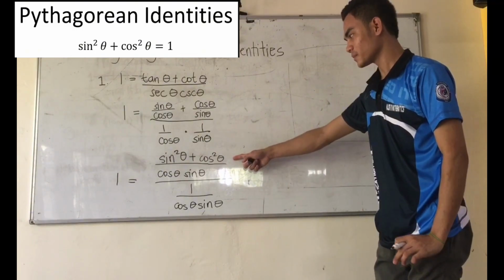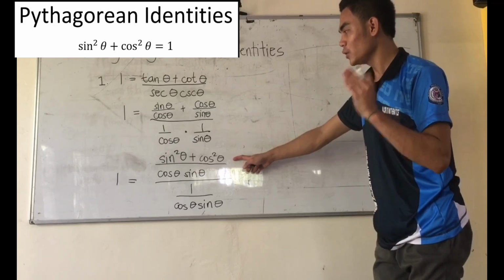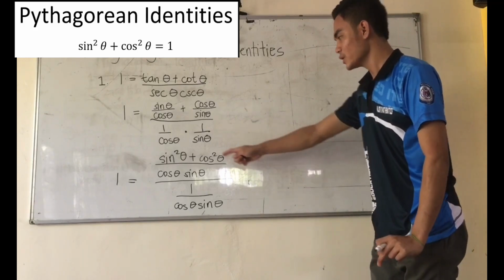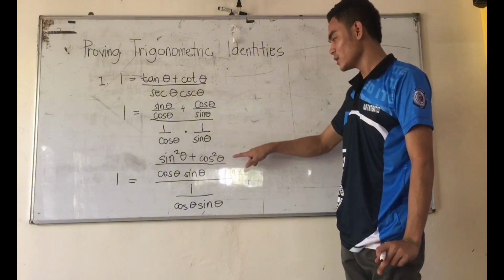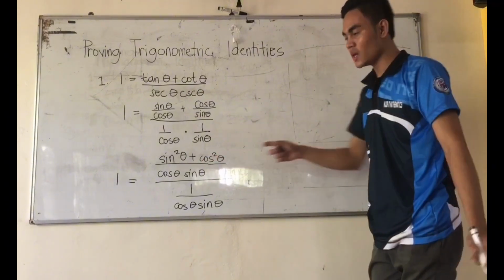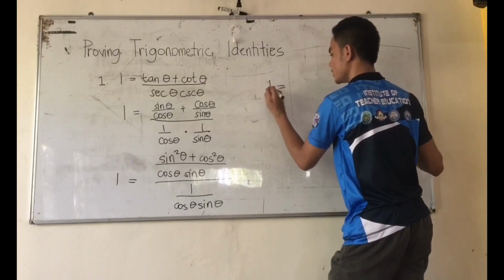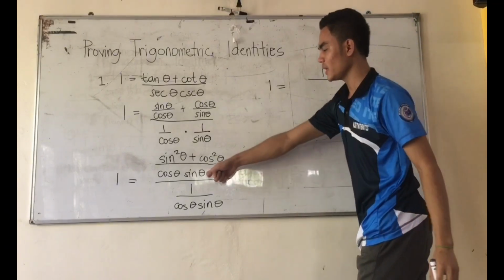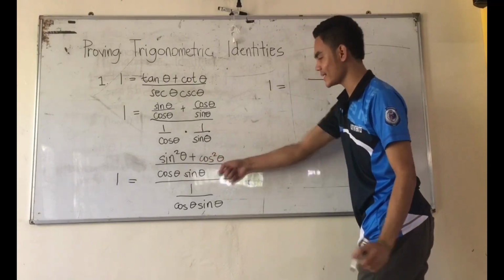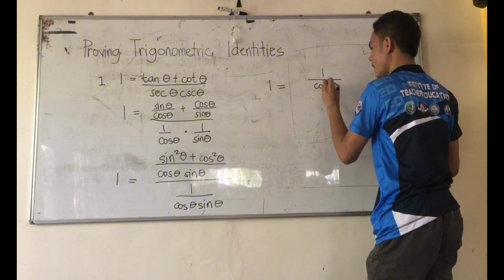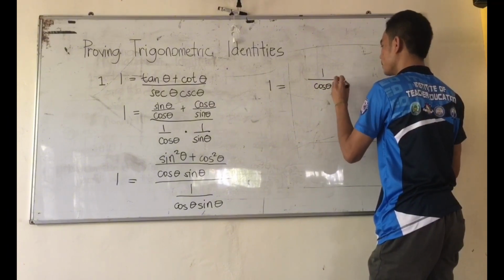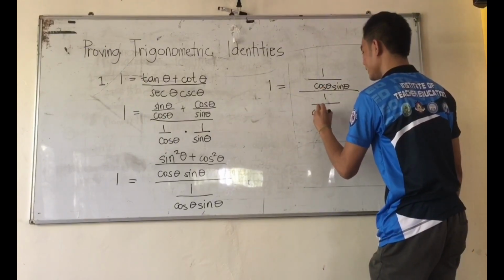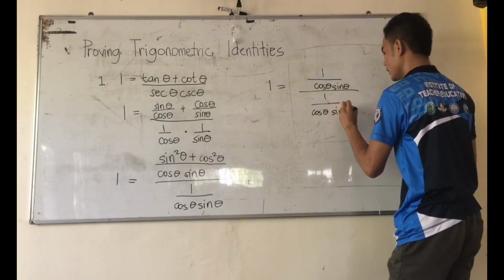So we saw our first Pythagorean identity, which I showed to you: sine squared theta plus cosine squared theta is equal to 1, over, copy the denominator, cosine theta sine theta, over 1 over cosine theta sine theta.